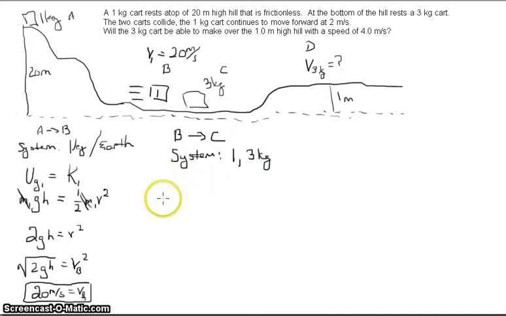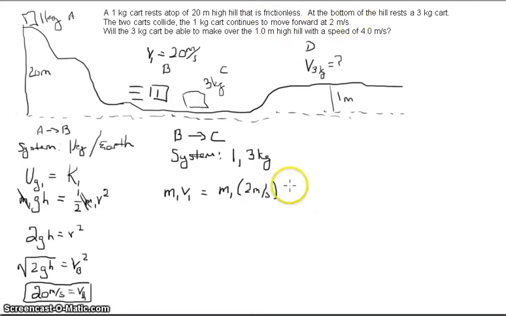Before the collision, we have the 1 kilogram mass moving at 20 meters per second. And then after the collision, we have the 1 kilogram mass moving at 2 meters per second.